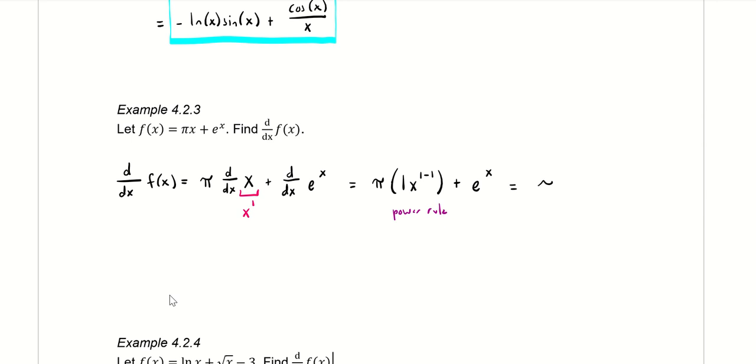All right, so I have pi times 1 times x to the 1 minus 1, x to the 0, plus e to the x. Well, anything raised to the 0 is 1. So this is just going to end up being pi plus e to the x.